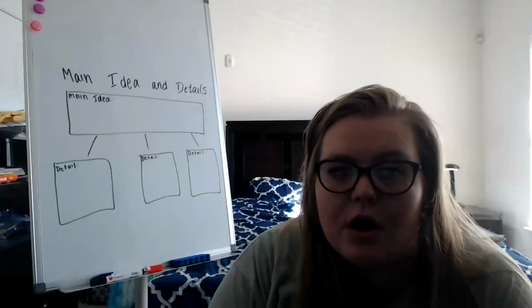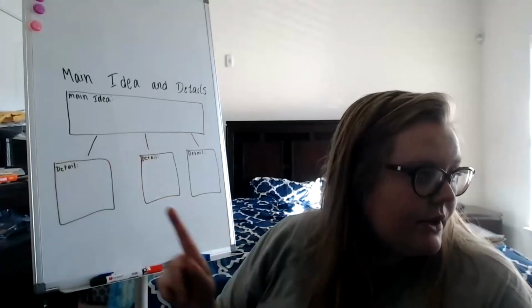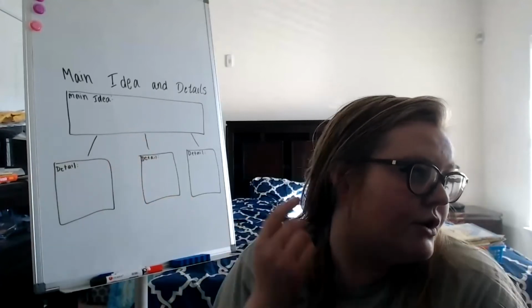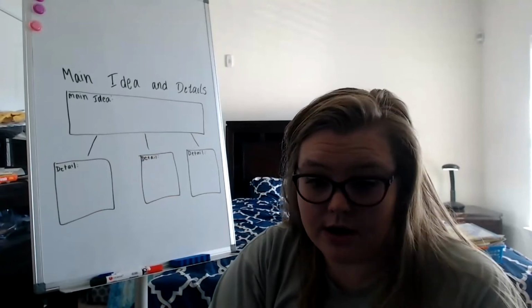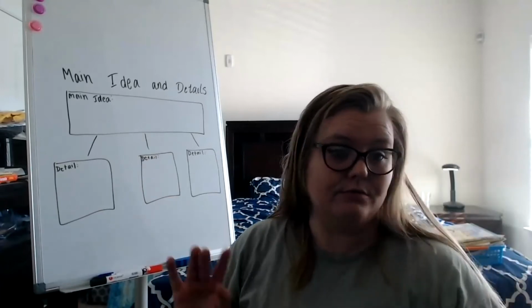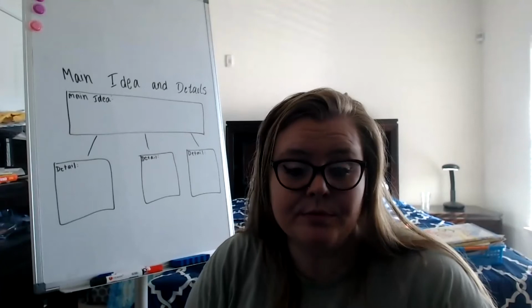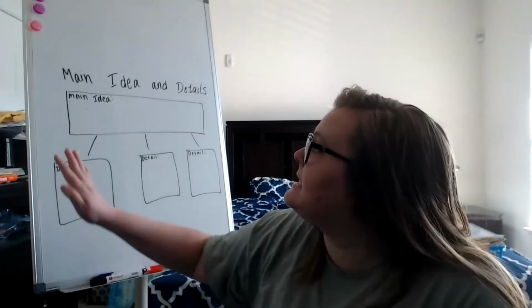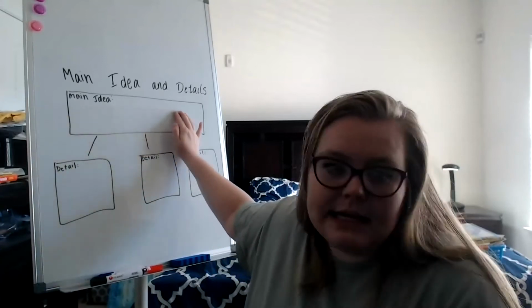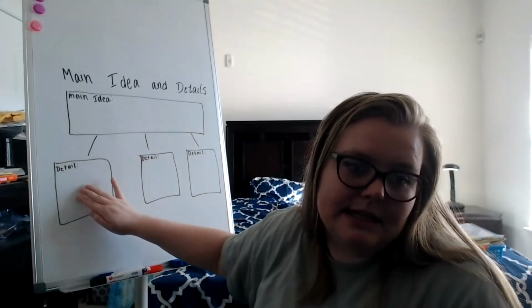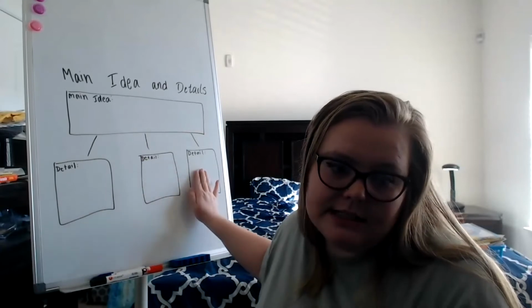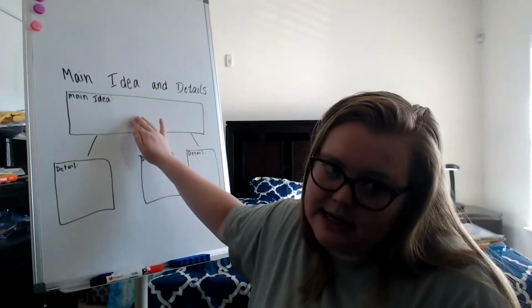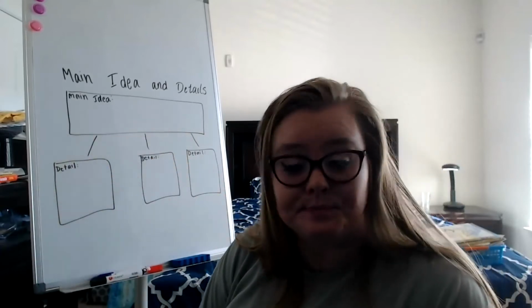So I have drawn what the chart in the packet looks like, and you can draw this on a blank piece of paper or whatever you have. So in Animals, Animals, it's asking you to write the main idea here and then the details that explain why this is the main idea in these 3 boxes.